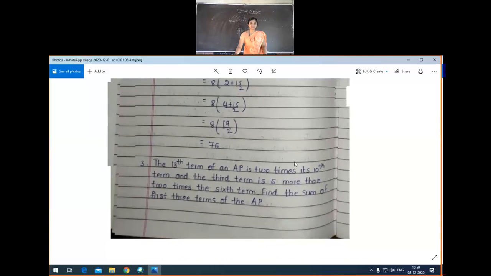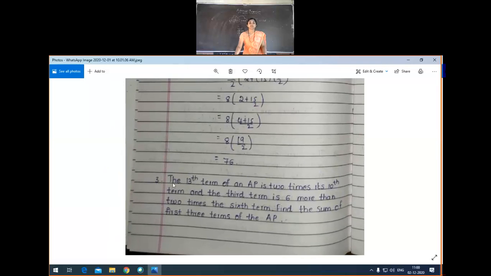Now we are going to discuss the third question. While reading the statement you have to understand the problem properly. The 13th term of an AP is 2 times its 10th term, so A13 is equal to 2 into A10.